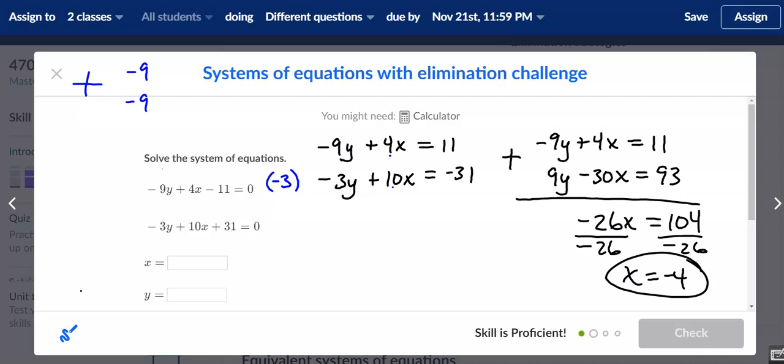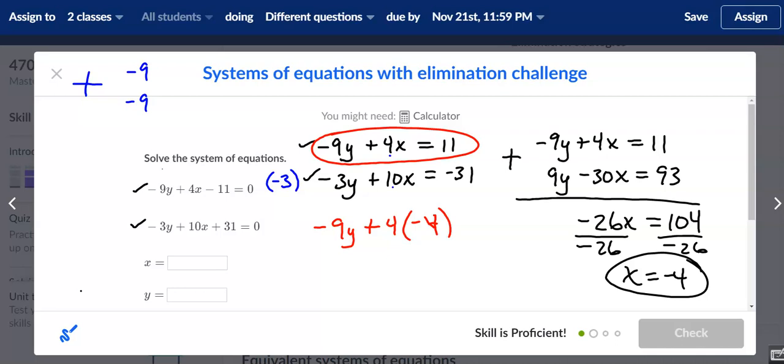Now I can go in any equation, and I have 1, 2, 3, 4 equations I could choose from. I'm going to choose this equation right here to substitute it in. So I have negative 9y plus 4 times x, which we now know is negative 4, equals 11.